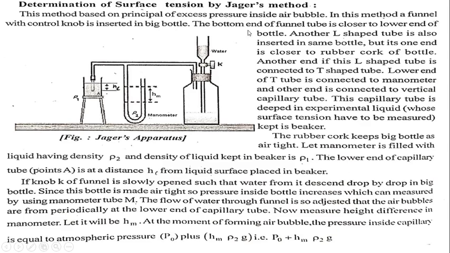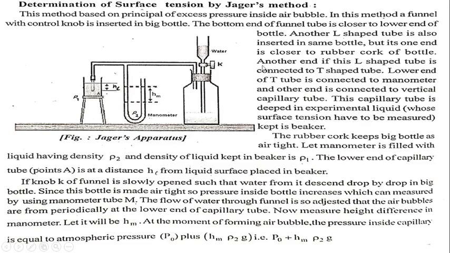Now, in this method, a funnel with control knob K is inserted in the bottle. Now the bottom end of funnel tube is closer to lower end of bottle, and another L-shaped tube is also inserted in same bottle, but its one end is closer to the rubber cork of bottle, and another end of this L-shaped tube is connected to T-shaped tube.